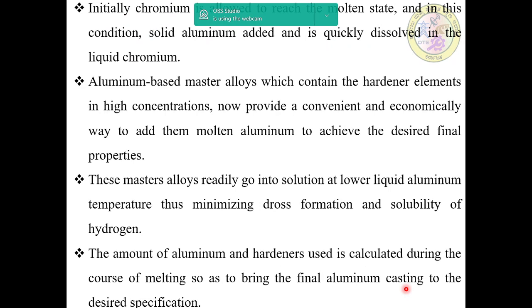Initially, chromium is allowed to reach the molten state, and in this condition, solid aluminum is added and is quickly dissolved in the liquid chromium. Aluminum based master alloys, which contain the hardener elements in high concentrations, provide a convenient and economical way to add them to molten aluminum to achieve the desired final properties.